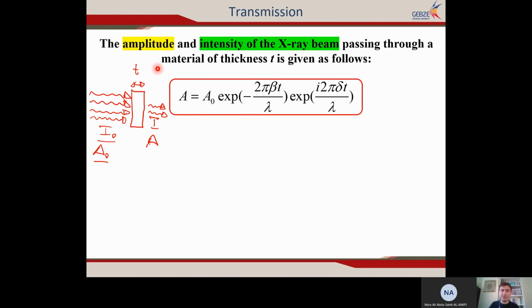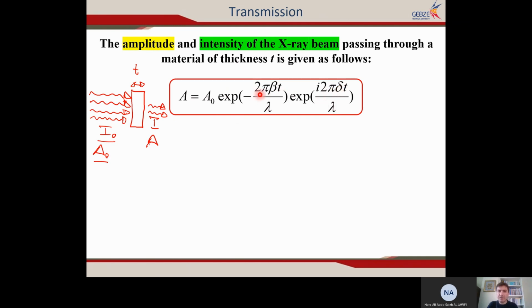So the amplitude and intensity of the X-ray beam passing through a material of thickness T is given as follows. What do you see here? The final amplitude A is given by A0 times e to the minus 2 pi beta T over lambda, times e to the i 2 pi delta T over lambda. What do you see here? We have beta, T, lambda, delta.